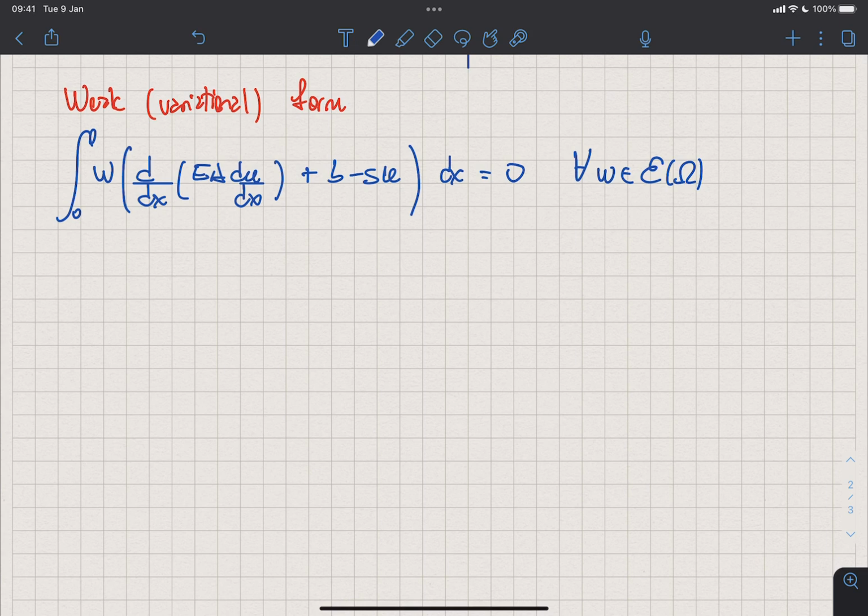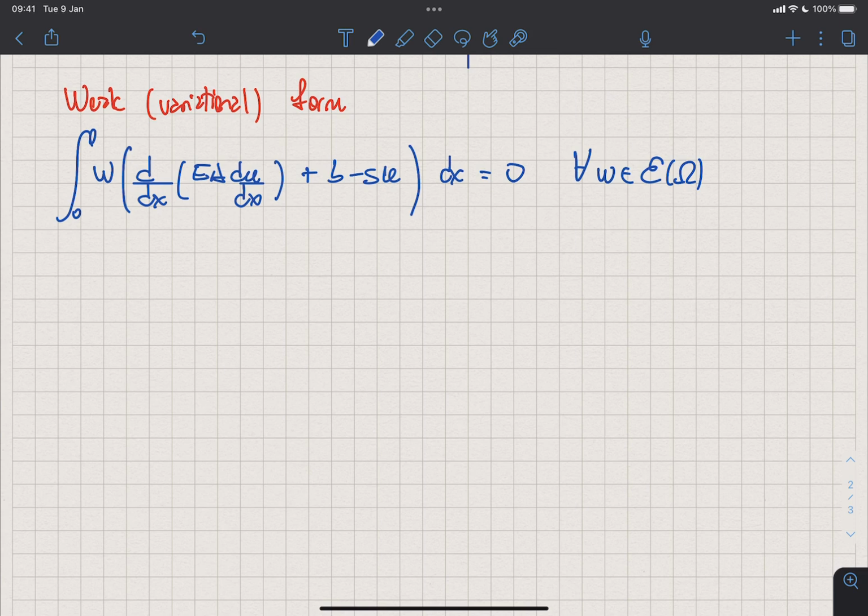And this E of omega is something very interesting because we are going to choose all our test functions w from this space. For now, we're just going to say about this space that it should be the space of functions that give you a finite strain energy, because it doesn't make sense that I make an integral and then finally my strain is infinite.